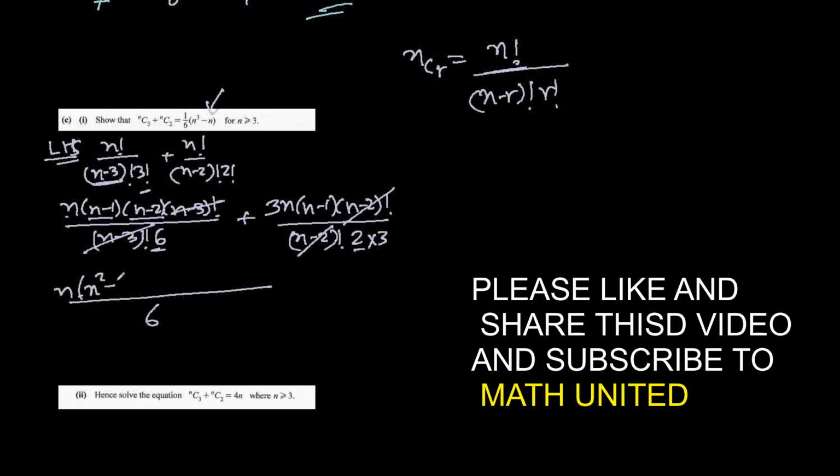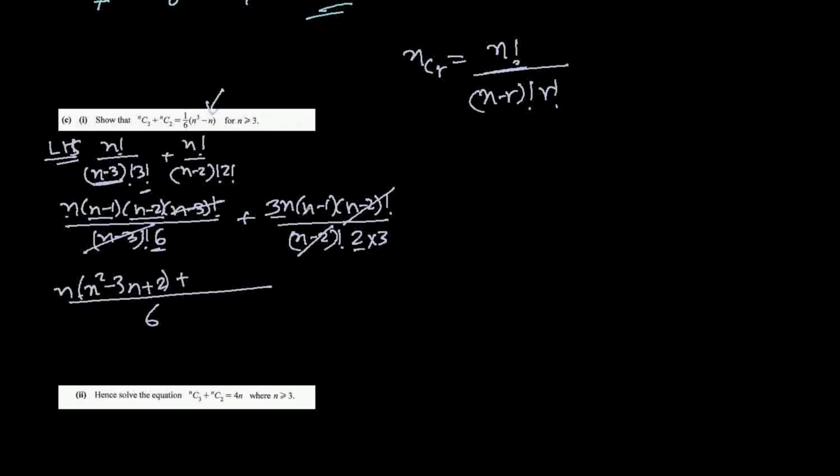n squared minus 3n plus 2. This will be the expansion of n minus 1 times n minus 2, plus 3n multiplied by n will be 3n squared minus 3n. Alright, now let's open this bracket as well. n cubed minus 3n squared plus 2n plus 3n squared minus 3n, over 6.